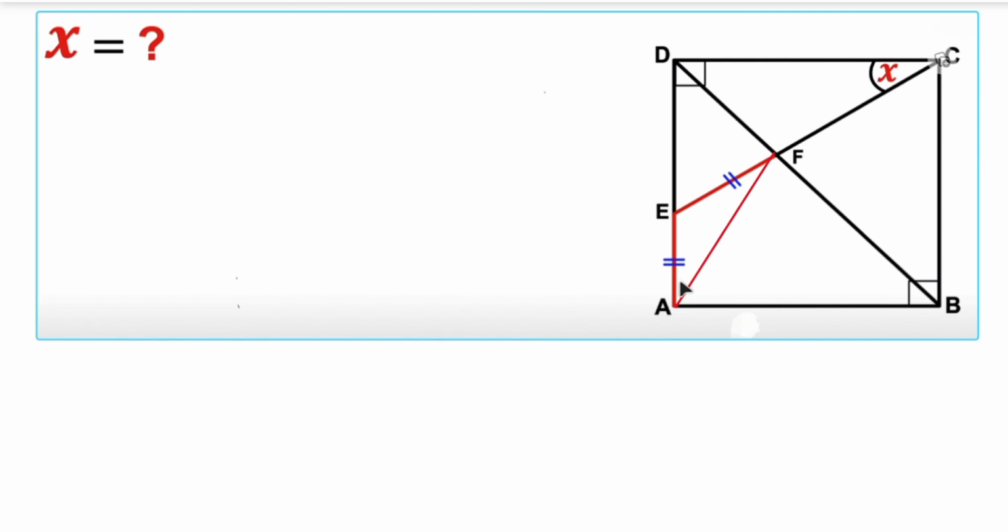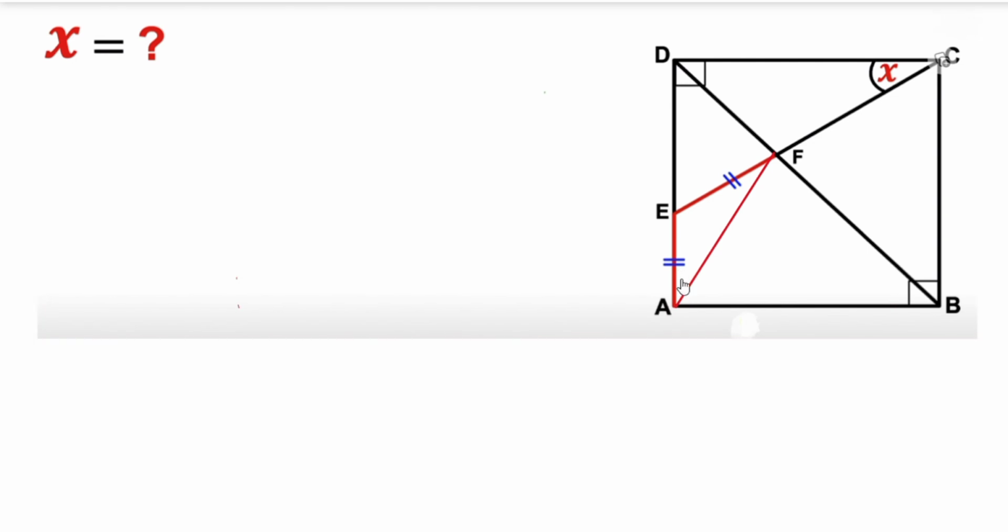So I can name this angle beta, and this other angle is also beta. That's the first thing we do so that we have an isosceles triangle there. Now, don't forget the exterior angle theorem.